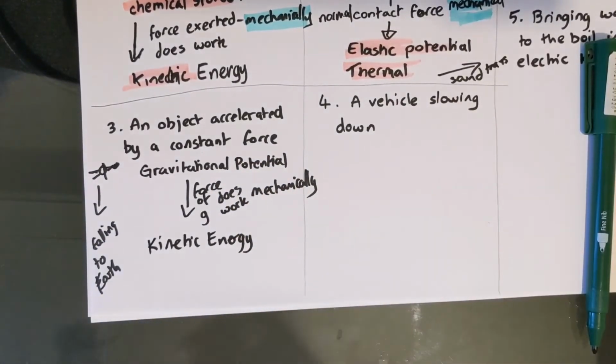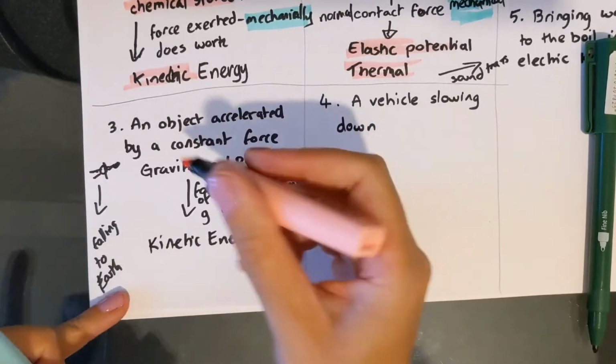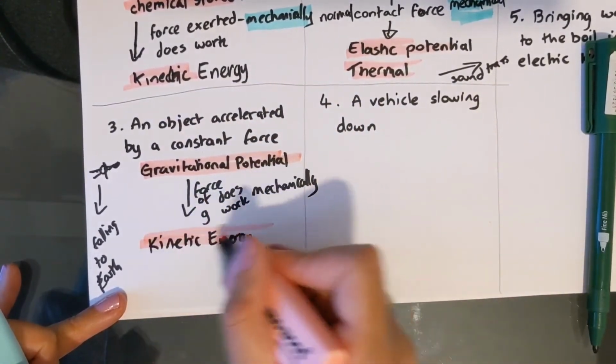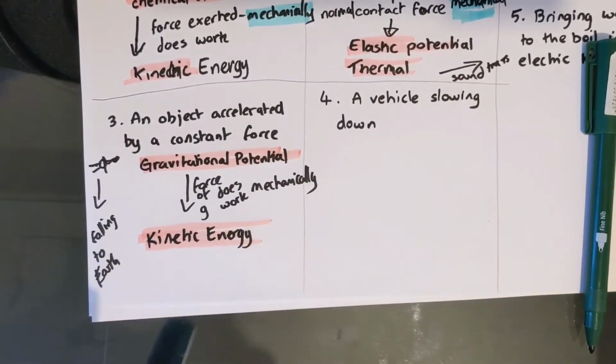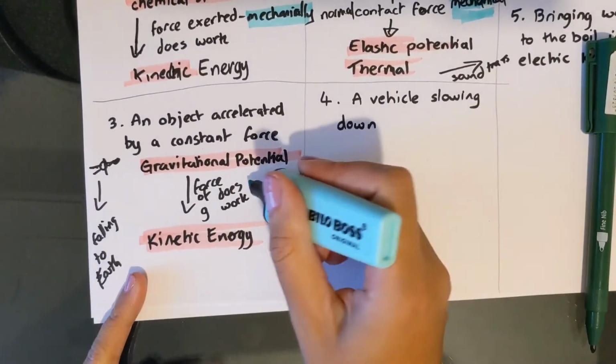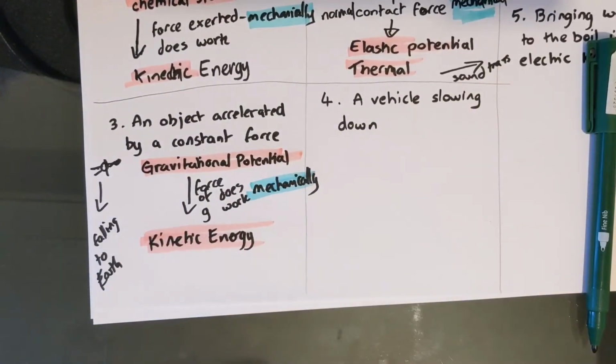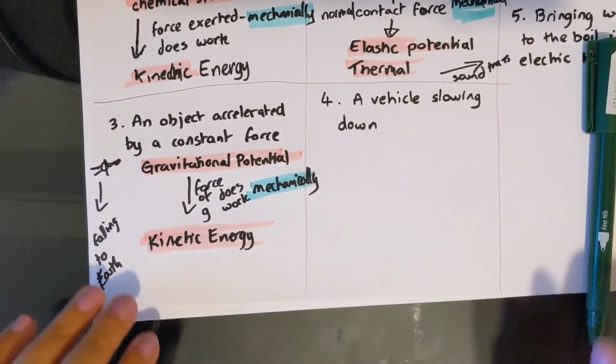Okay, so gravitational potential is stored at first. Kinetic energy is stored in the end, and the work is done mechanically. Even though the force is not a contact force, it is still involving forces.